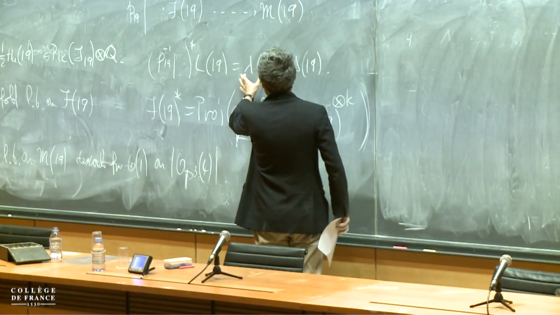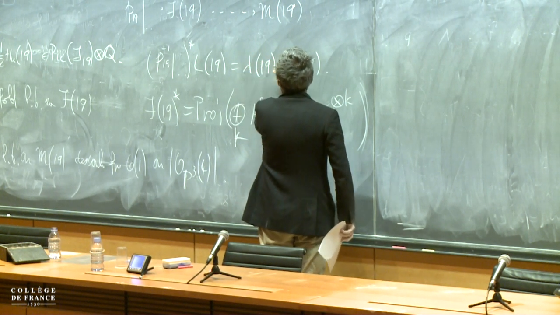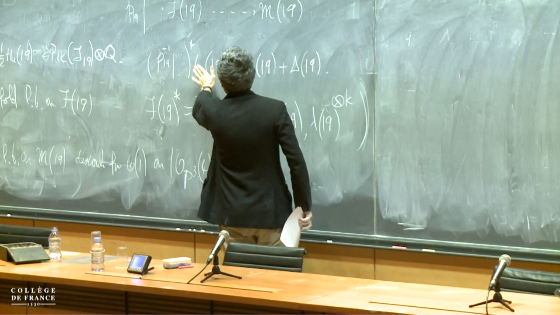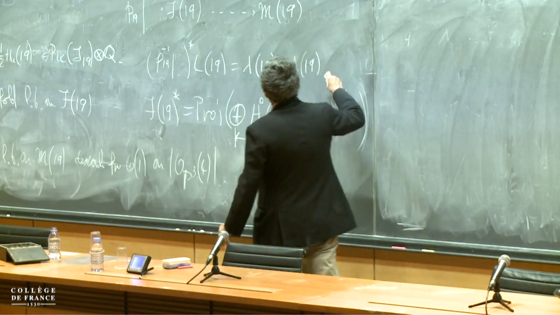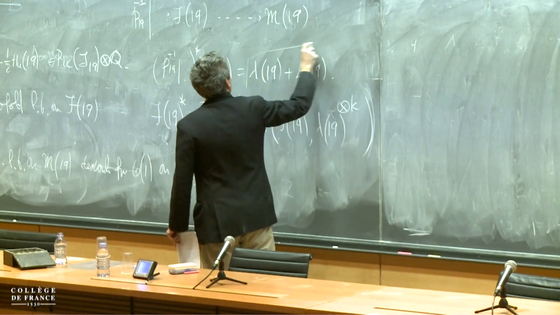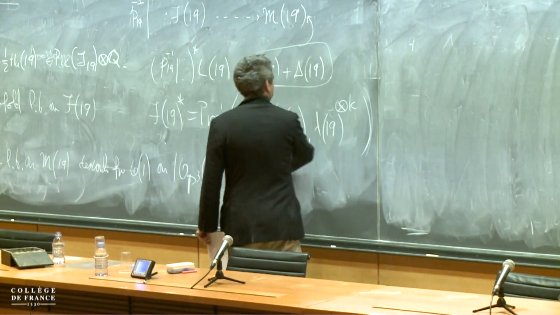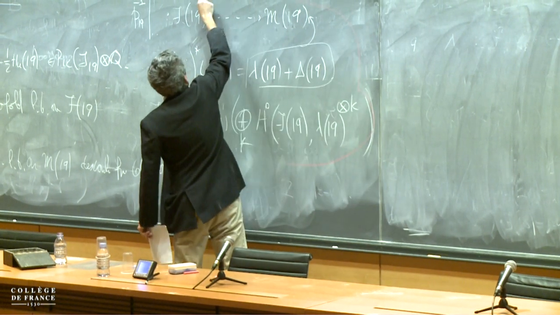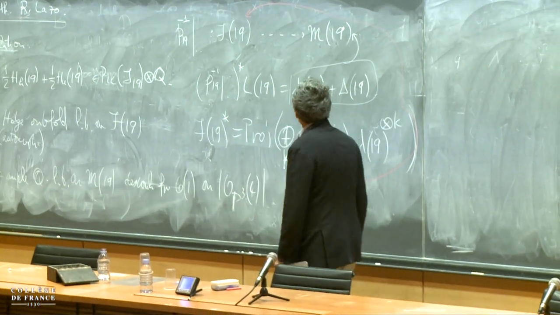If you take Proj of the ring of sections, all powers of this thing on F of 19, you will get this moduli space. Okay, so this gives you this, and this gives you, with a star, the Baily-Borel compactification.